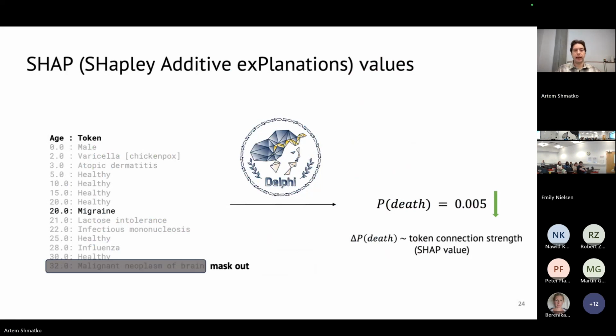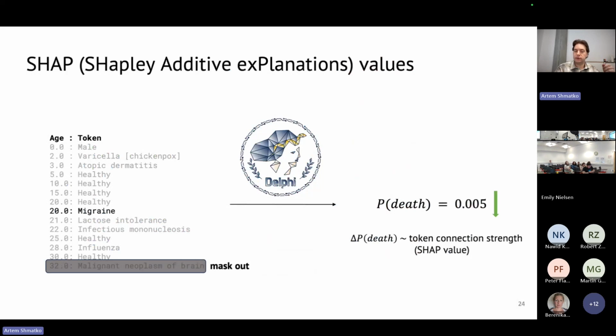But as the intuition, the more masking one input token changes the prediction of some output token, the more they are interconnected.